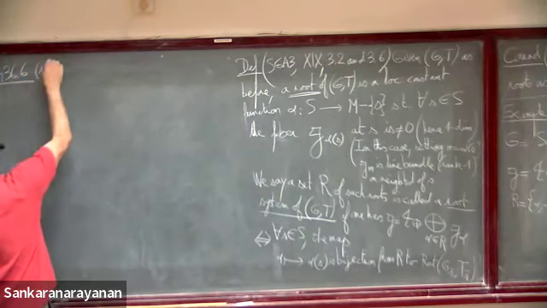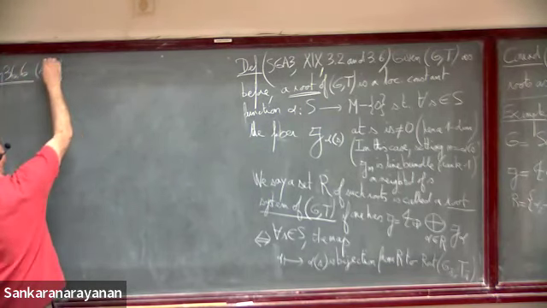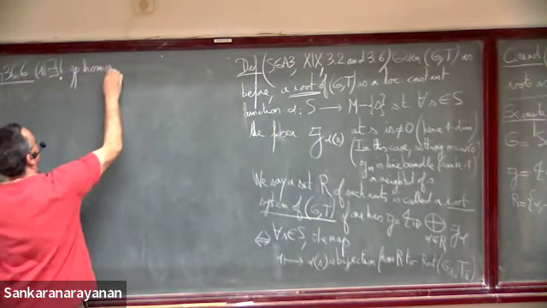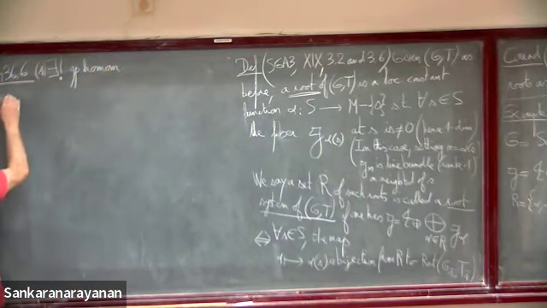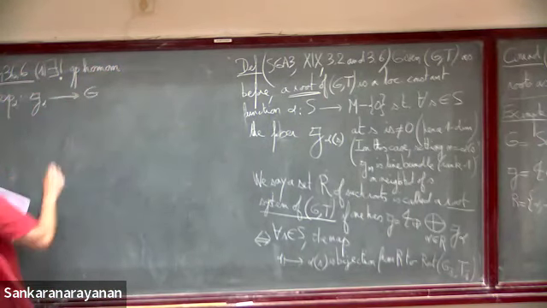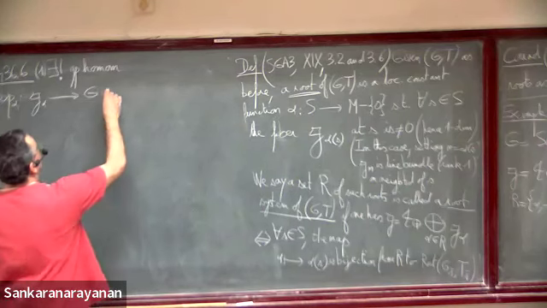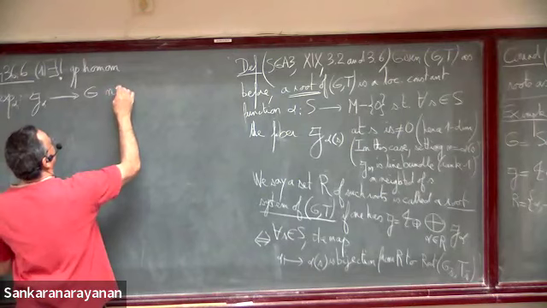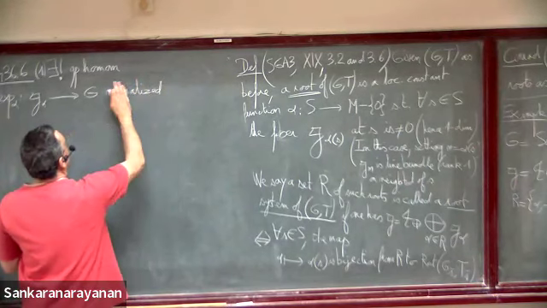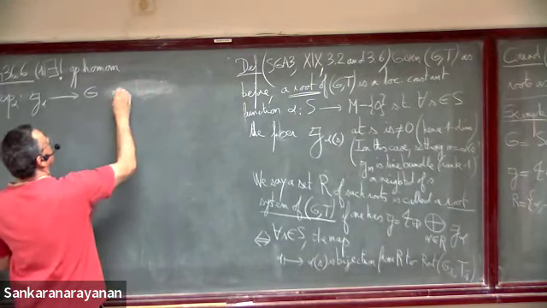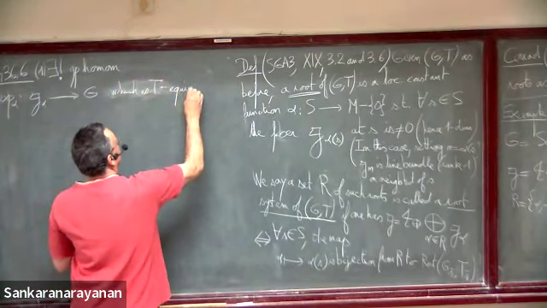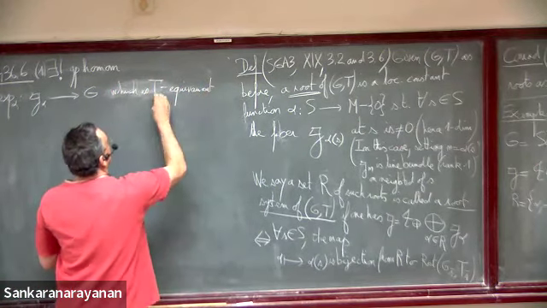Firstly, there exists a unique group homomorphism, let's call it exponential alpha, from G alpha to G, which is T-equivariant.